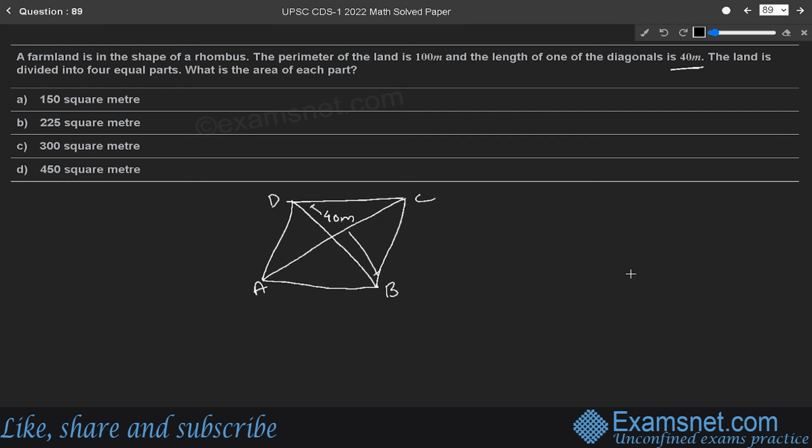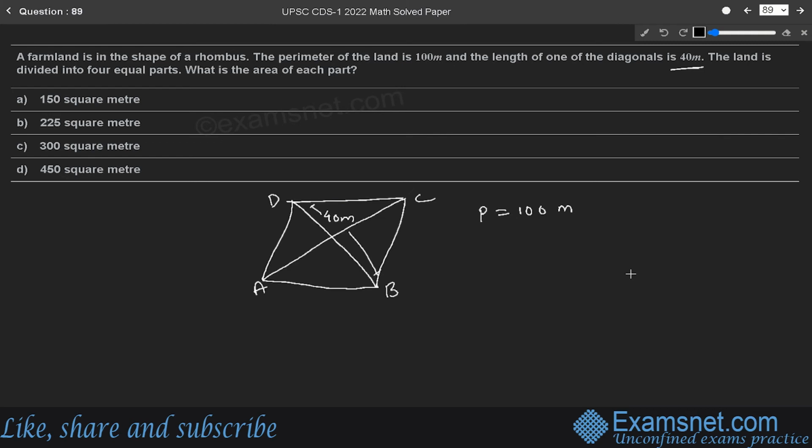It is given that the perimeter of this rhombus is 100 meter, already given in the question, and one of the diagonals is 40 meter. You can see that the rhombus is forming four equal triangles.